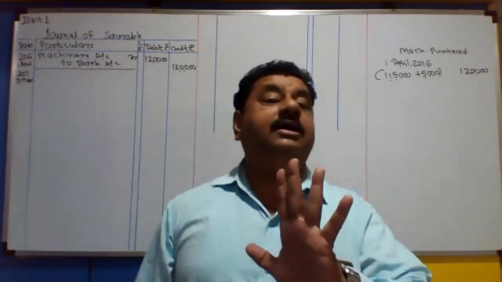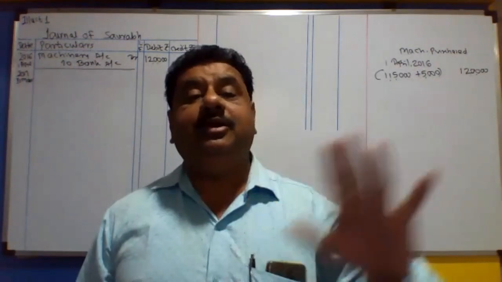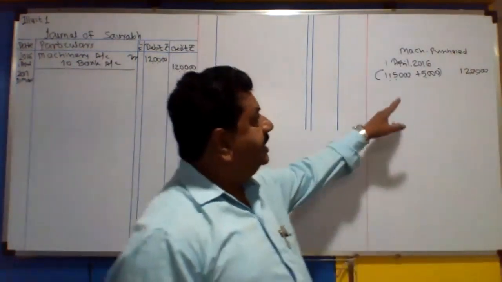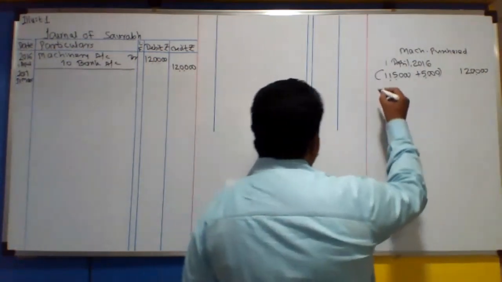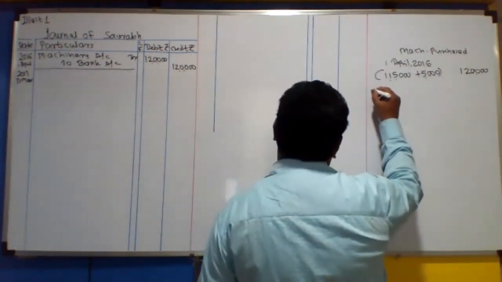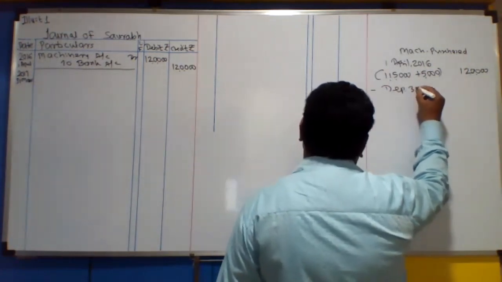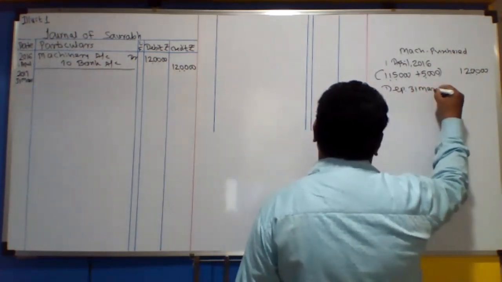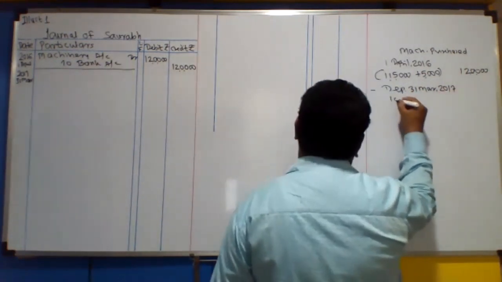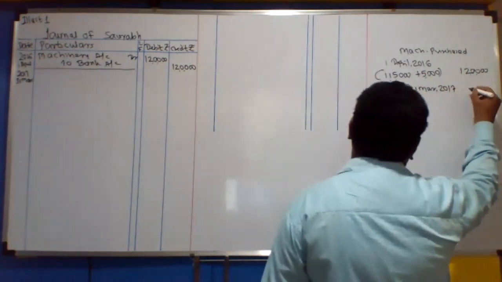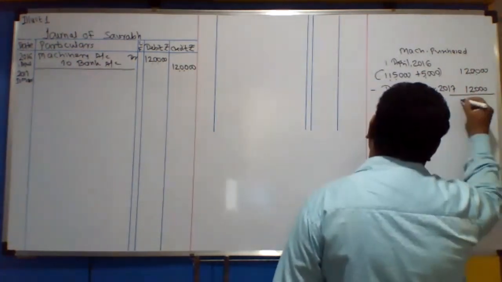As I told you earlier, we are going to prepare a working note side by side, minus every year's depreciation. First year depreciation on 31st March 2017: I will charge 10% on 1,20,000, that is 12,000 for the full year.